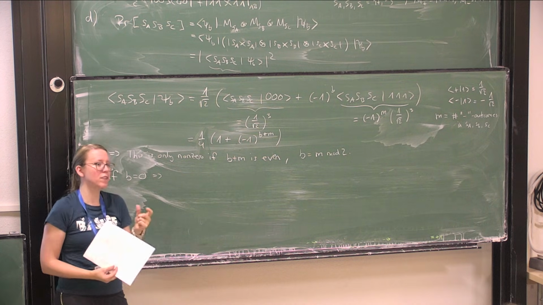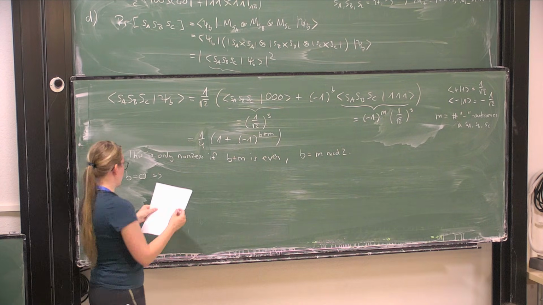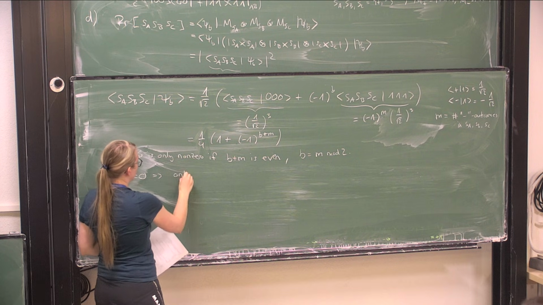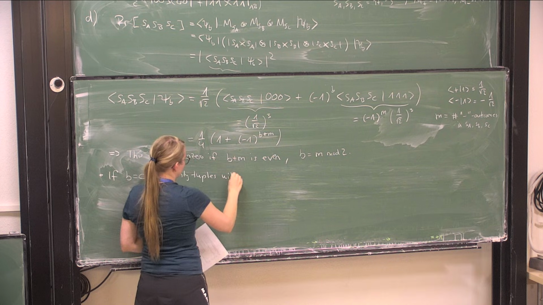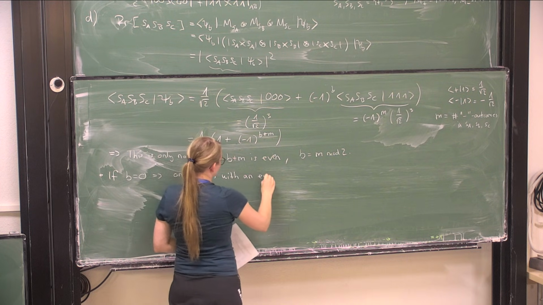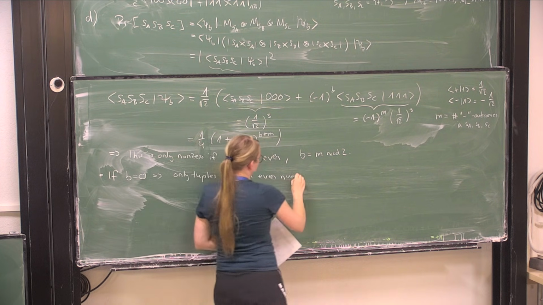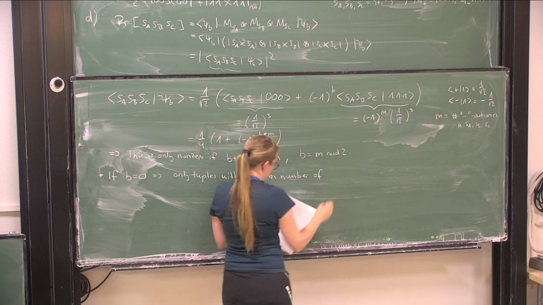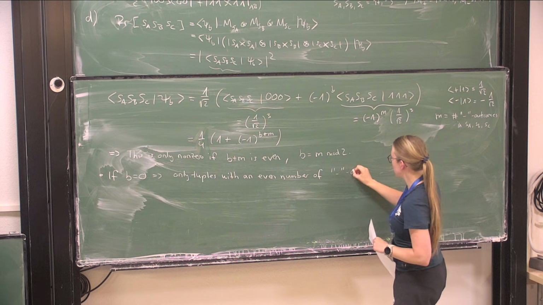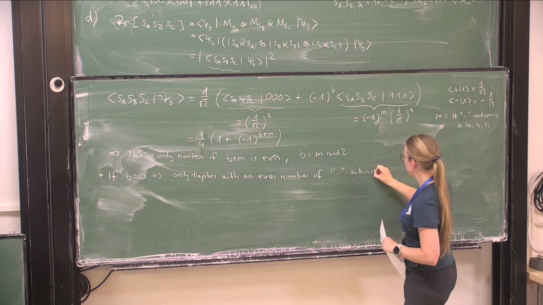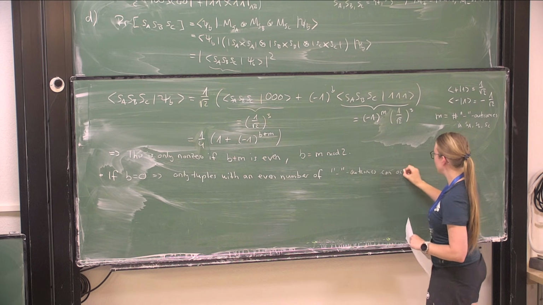That means only an even number of minuses can occur in the outcome. So only tuples of an even number of minus outcomes can occur.